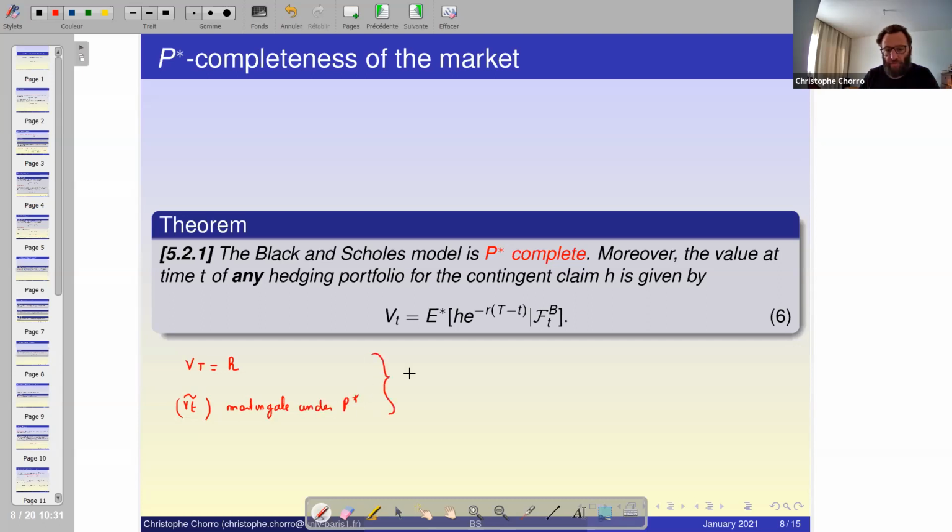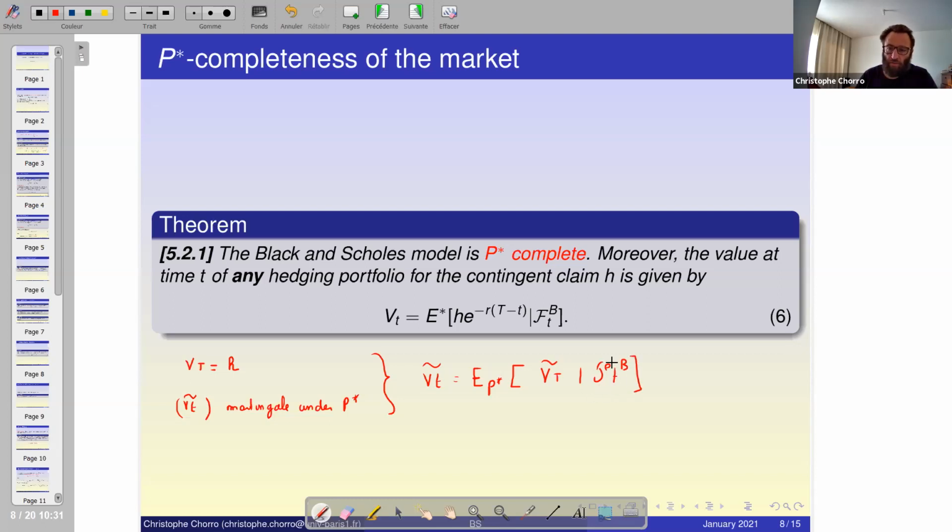And so if I use both, I can say that V_t tilde is equal to the expectation under P star, this notation E star being the expectation under the new probability P star, the unique equivalent martingale measure, of V_T tilde given F_t^B.